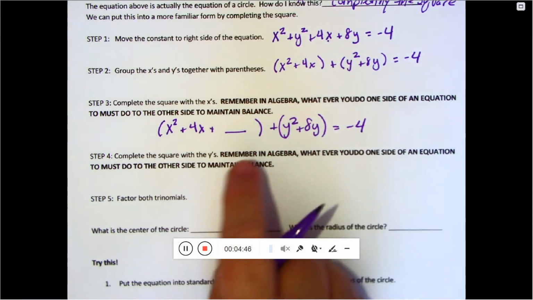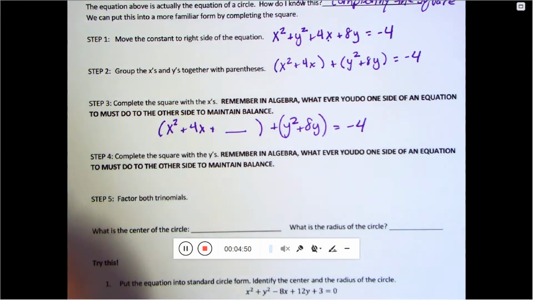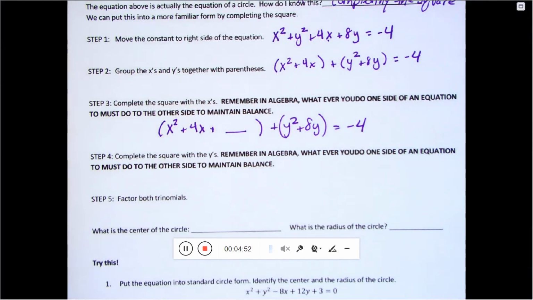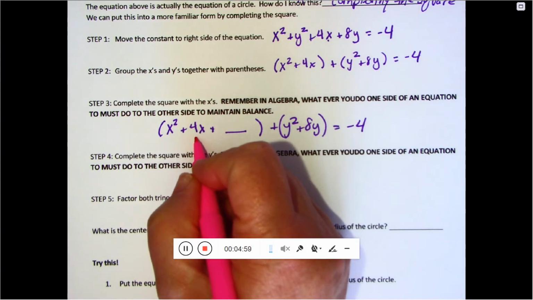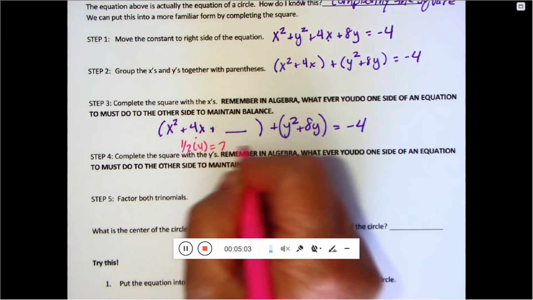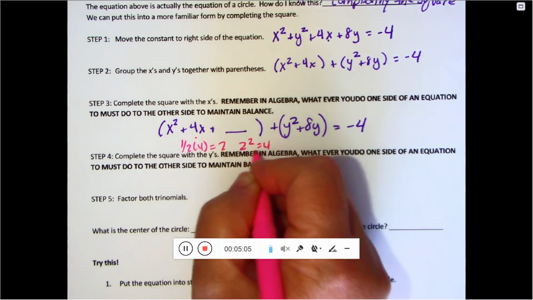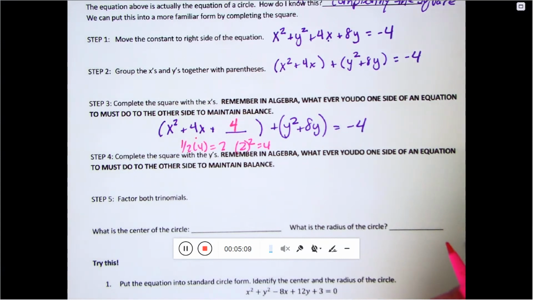Okay, so now what number do I have to add here to complete the square? Well, if you remember, you have to take half the middle number. So what's half of 4? You take half of 4, which is 2, and then you square the 2, which is 4. So I need to add a 4 here.